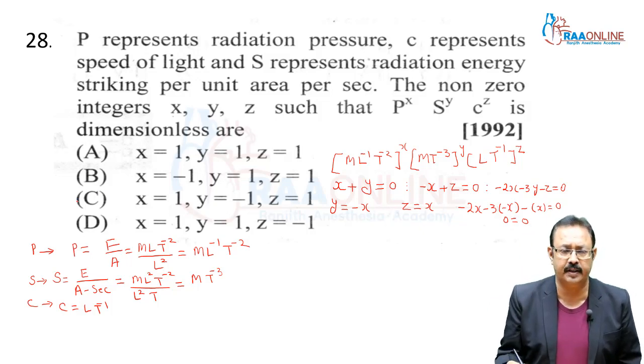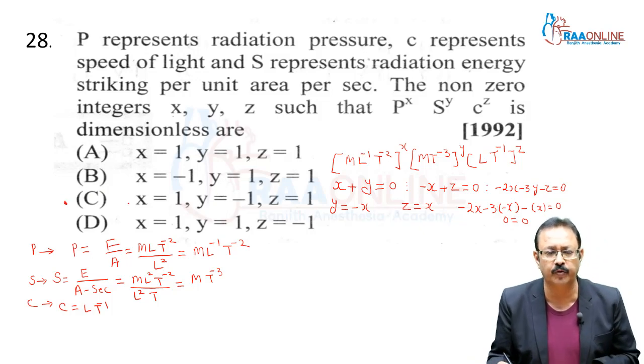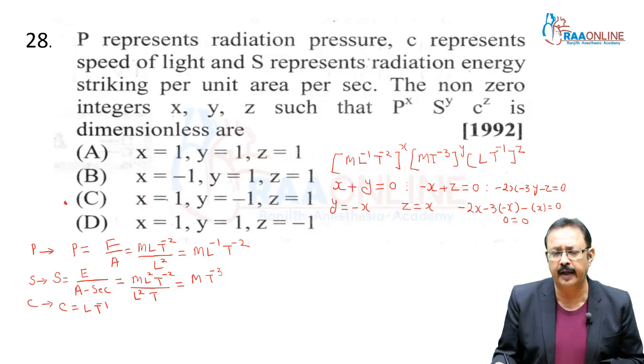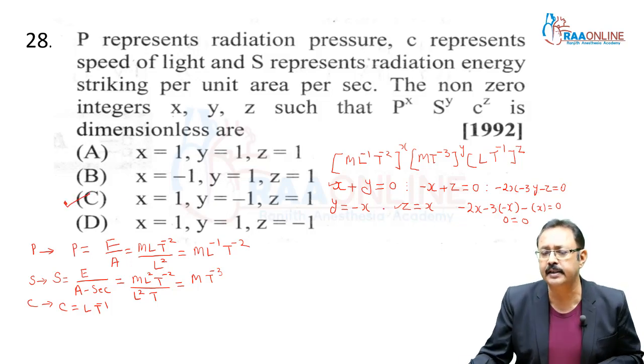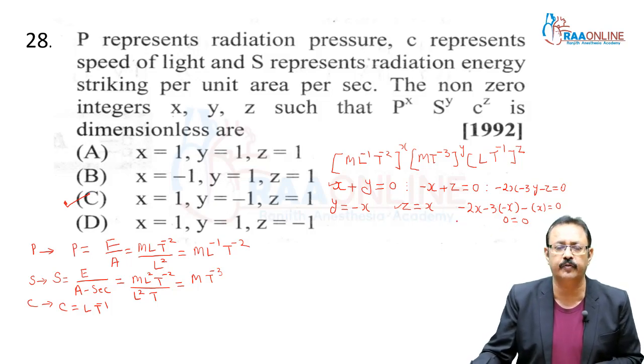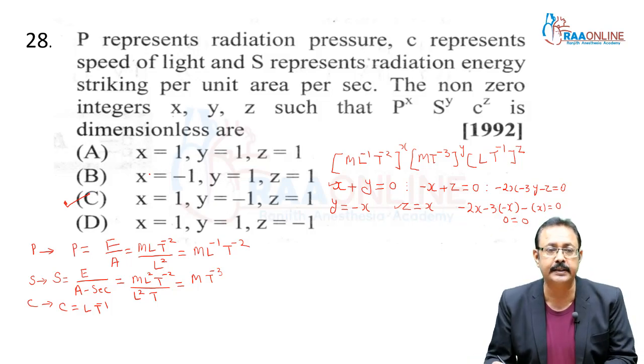We will check with C. Because we get 0 equal to 0, we have to go with the options. If we put x 1, y minus 1, the first relation is satisfied, and for this z is equal to 1. What does the third relation say? x 1 means minus 2 plus 3 plus 1 minus 1. Yes, C is satisfying. Since in this type of relation, when 0 is equal to 0, we have to go with options, C is satisfying.